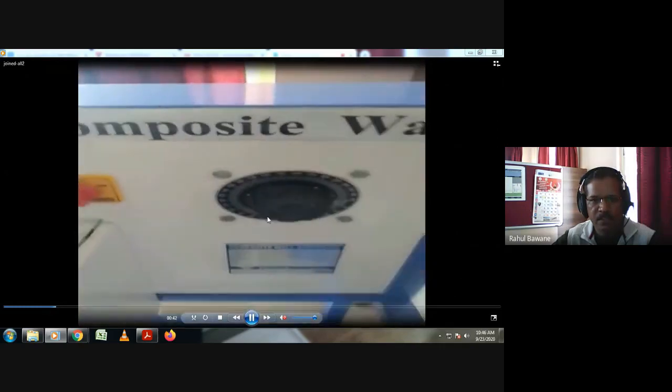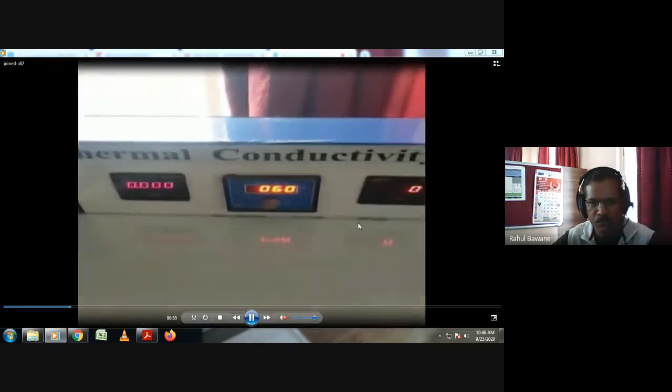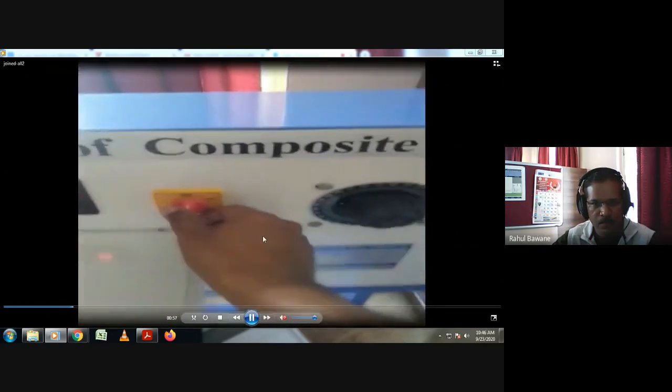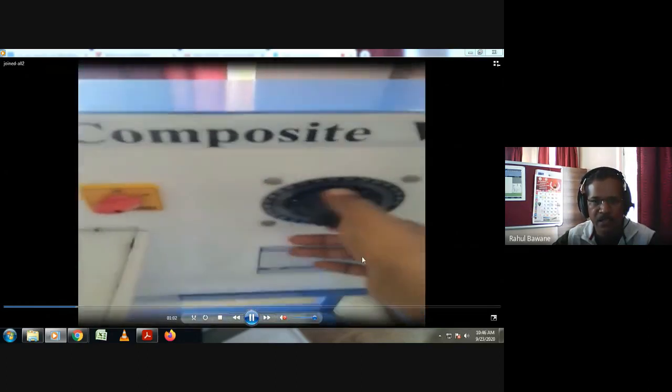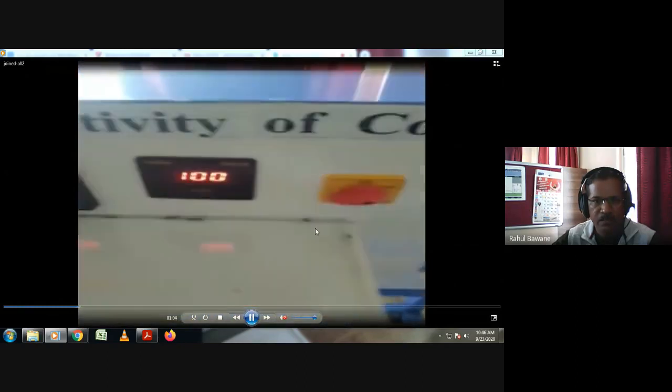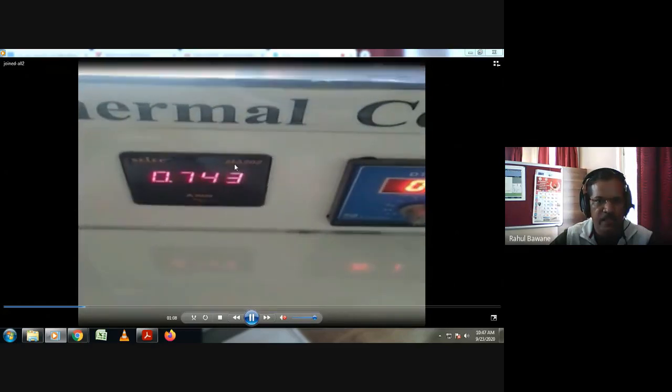So we will first switch on the main power. This is a dimmerstat and indicators. We switch on the main power supply, and on the equipment there is again one knob to switch on the equipment. So put it on, then with the help of the dimmerstat set the voltage, say 100 volt, and the corresponding amperes.